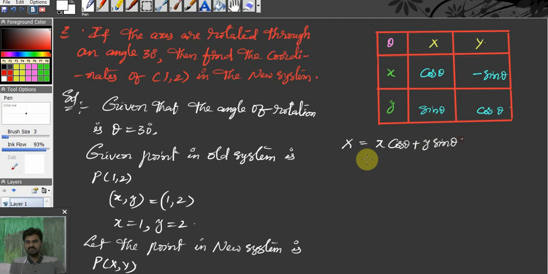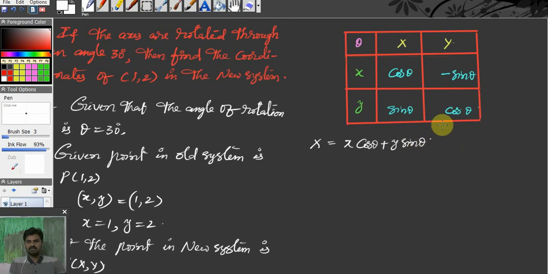This is the capital X value. In the same process, capital Y also, coming column-wise, multiplying the first one with small x and the second one with small y: minus x sin theta plus y cos theta. So you can write the answers here.